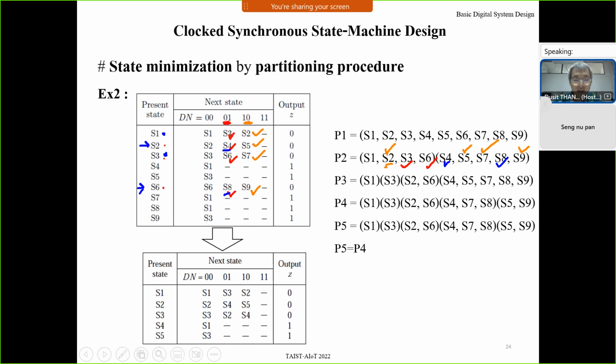In this case, next state is S2, so S1 is not equivalent to this group, right? Yes. So you should separate S1 from this. Okay, so S2 and S6 separate from this group, S1 also. So you can generate these three.